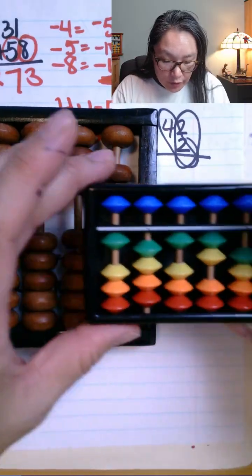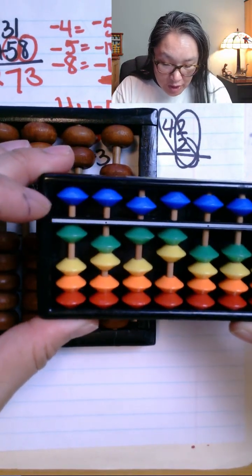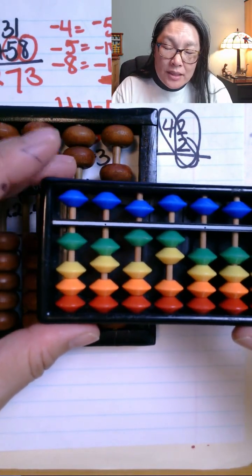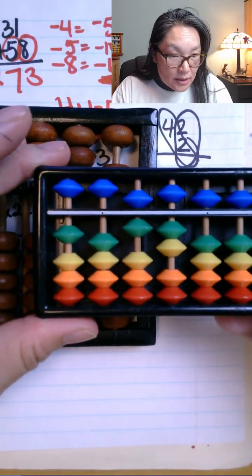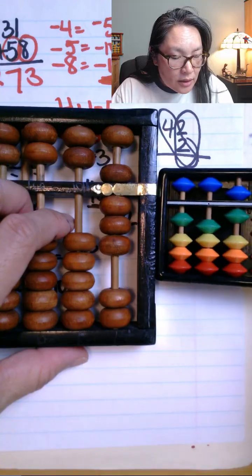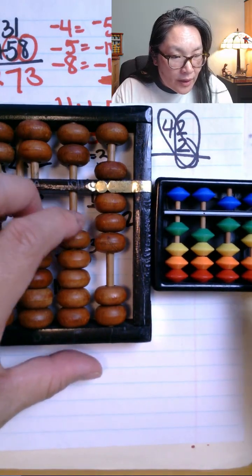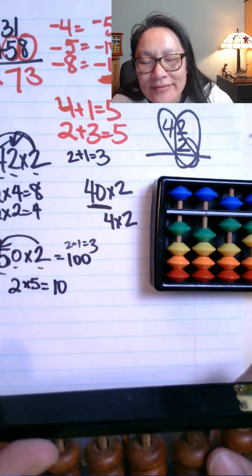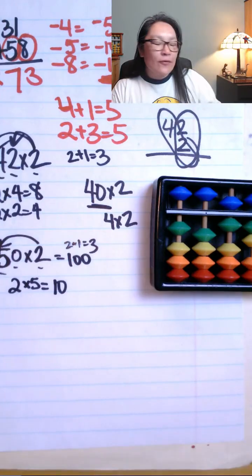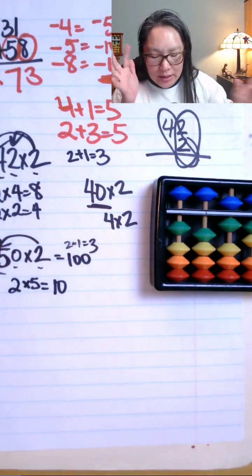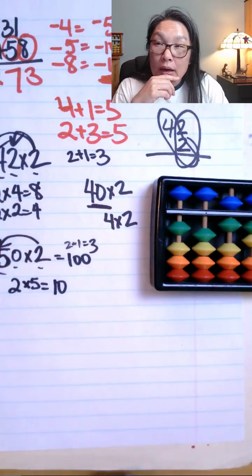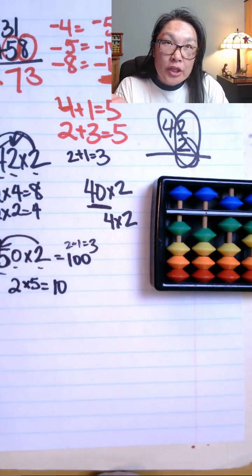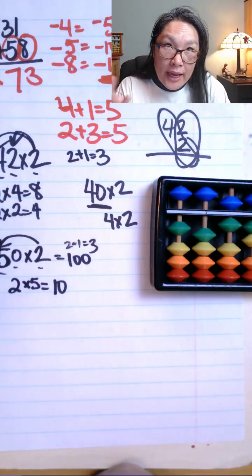So now, if you look at it, there's a bunch of abacus competitions. They're using this. So there's a YouTube special. There was a YouTuber. She's a woman, and she was doing calculations in her head.